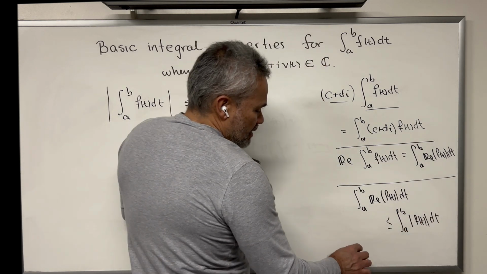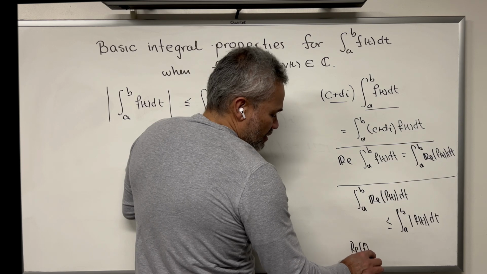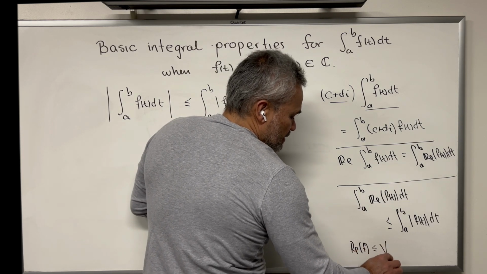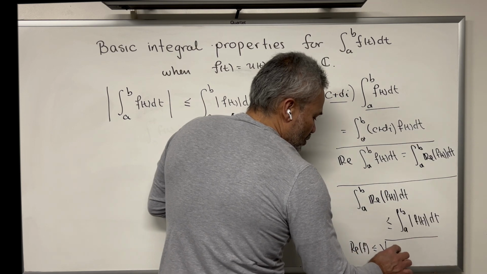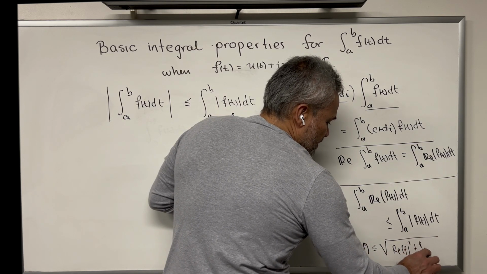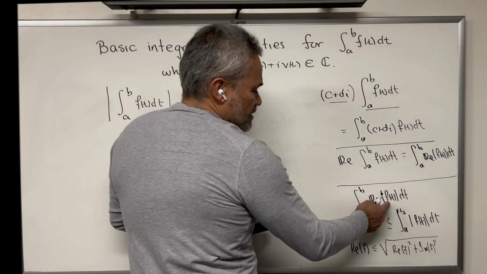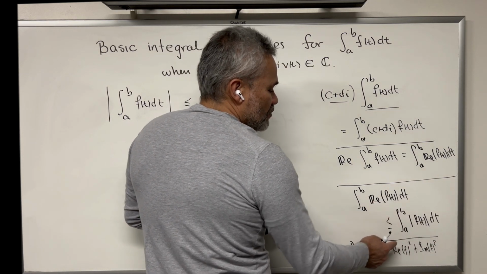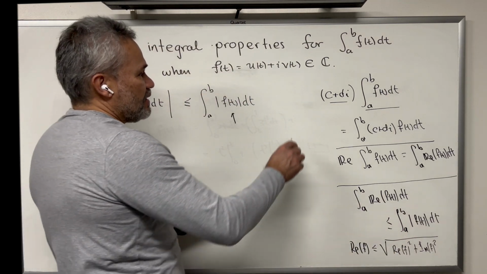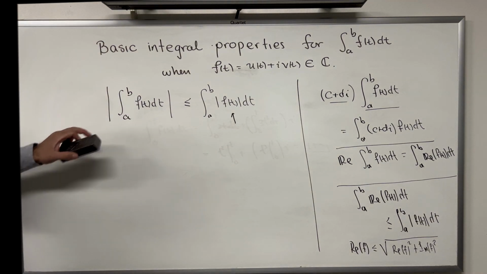And essentially it's because the real part of f of t is smaller or equal than the square root of the real part of f squared plus the imaginary part of f squared. This is the norm. And then since this function is smaller or equal than this function, then this integral is smaller or equal than that integral. Okay, now we are ready to do the proof of this.